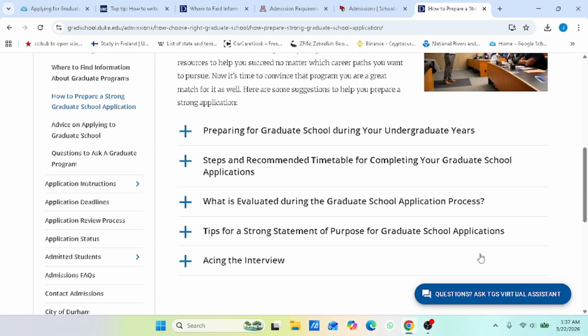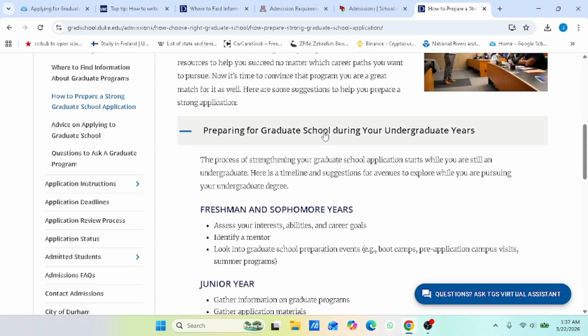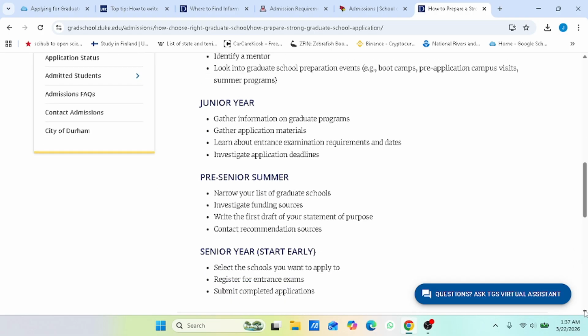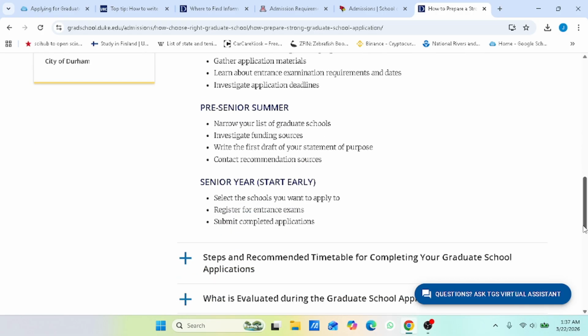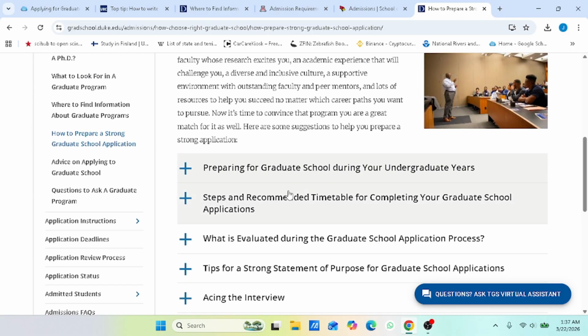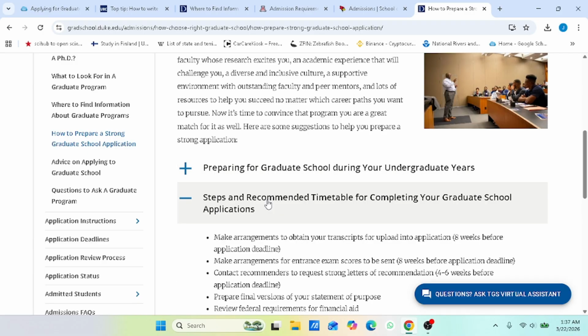Suggestion number one is preparing for graduate school during undergraduate years. That is by having some experience in research. Yeah, that is suggestion number one. Suggestion number two is more about the timetable, the timing of your application.